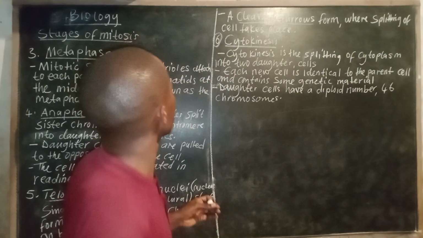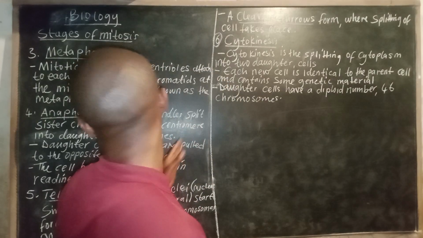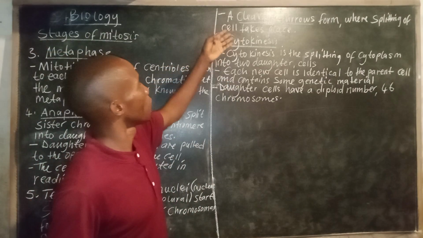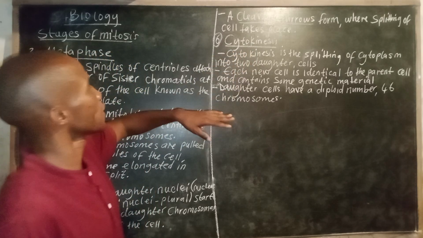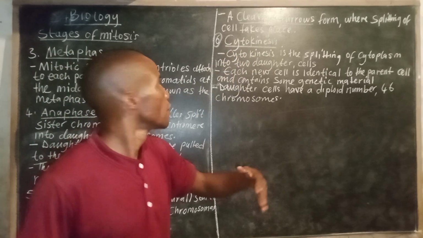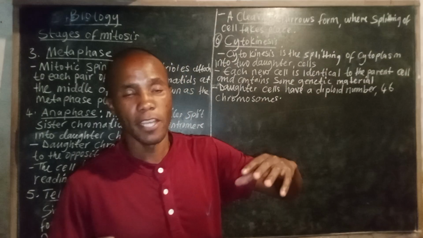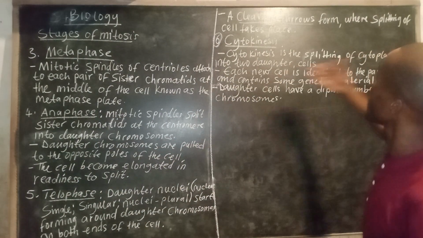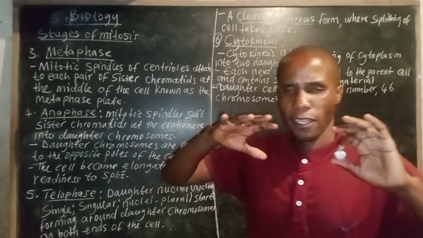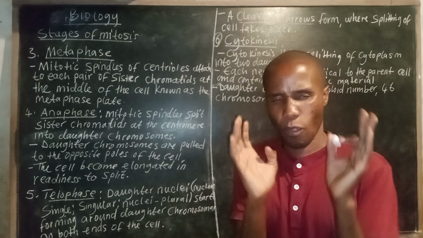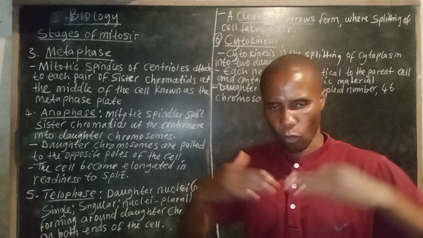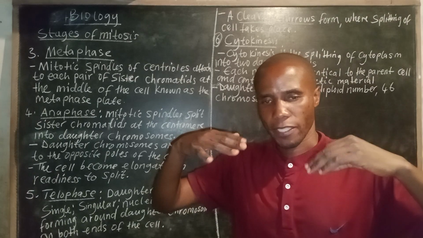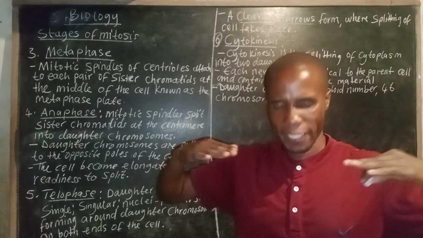Then number 6, but before coming to number 6, there is another point under telophase. We have the cleavage furrow forming, where splitting of the cell takes place. So the cleavage furrow is where, when the splitting of the cell takes place, the cell is pinched in, pulled to make the shape, like separating them.